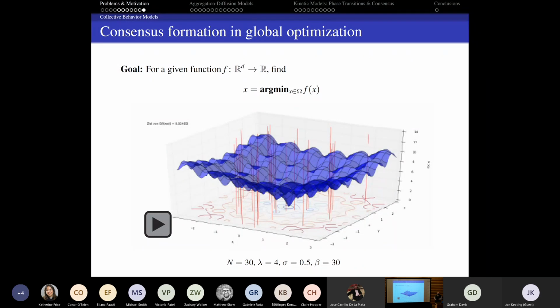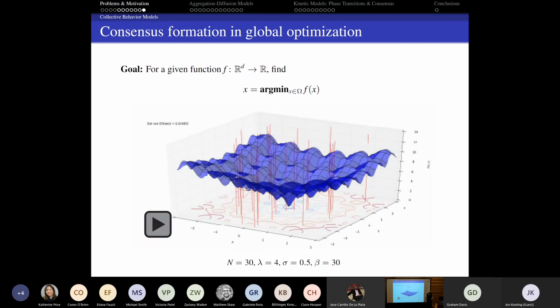I want the global minimum of that function, and I want to compute it efficiently, no matter how many dimensions. So I would like to do it in high dimensions. This is just a function that I want to minimize, the shape of that function. It has lots of local minima, but only one global minimum.